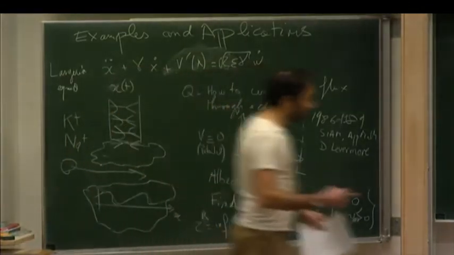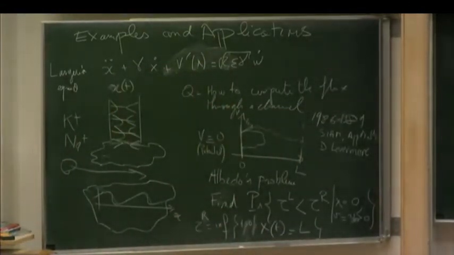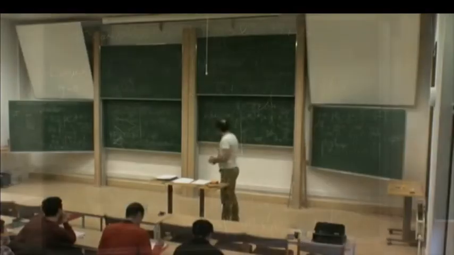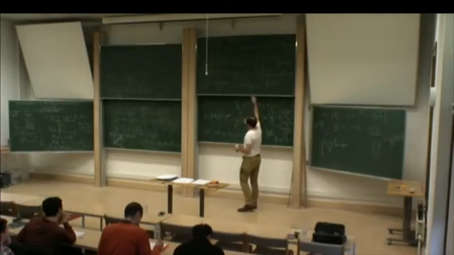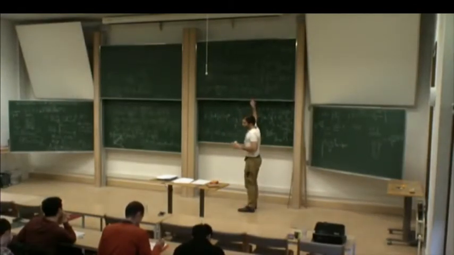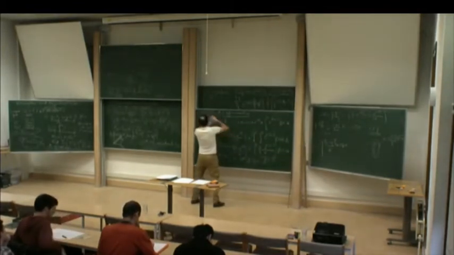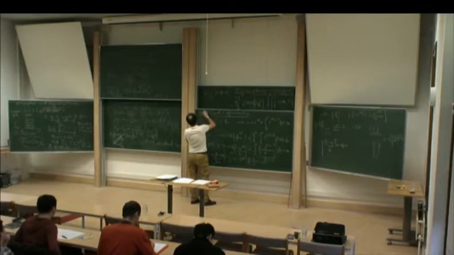Okay, and the last example I would like to show you is how you amplify with Brownian motion. This is now a question in cellular transduction. So the final application, this is application number 3.